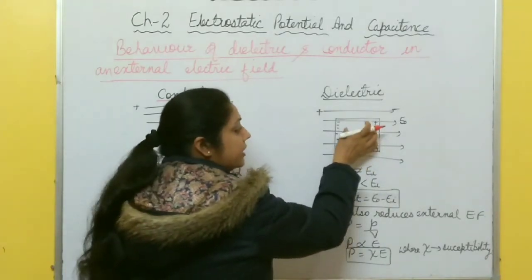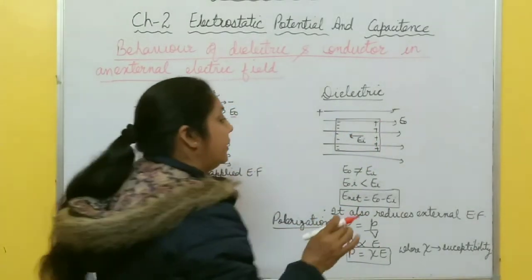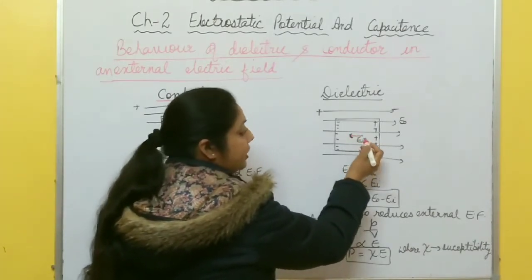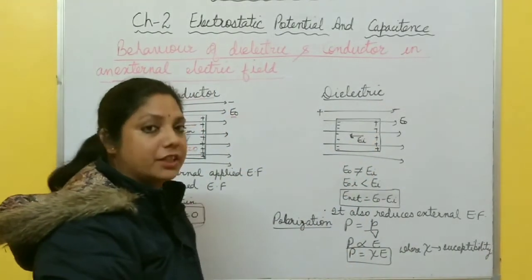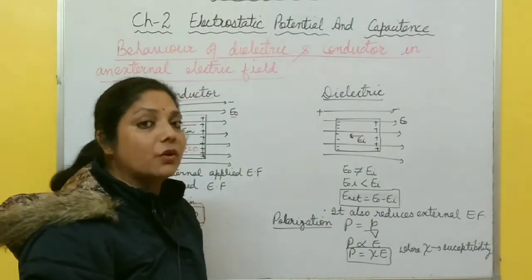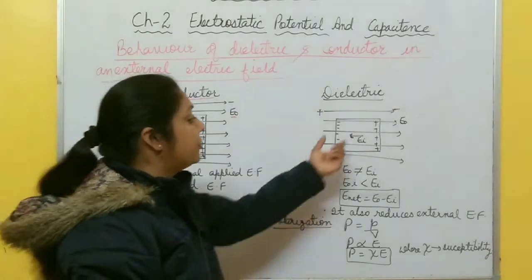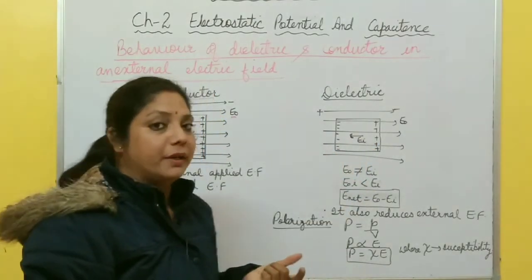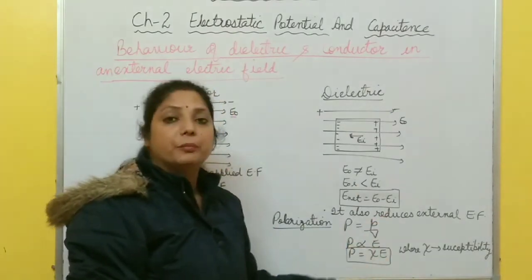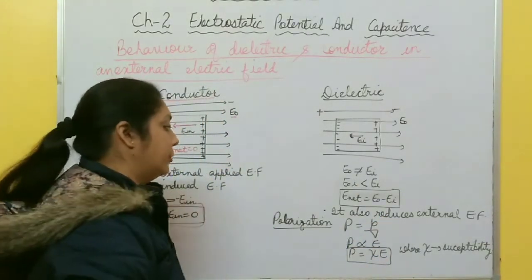In this way, these charges are separated and an induced field, E induced, is produced due to the separation of these charges. This separation of charges is called polarization, and due to separation there is a dipole moment, right? So polarization is nothing but dipole moment per unit volume, right?